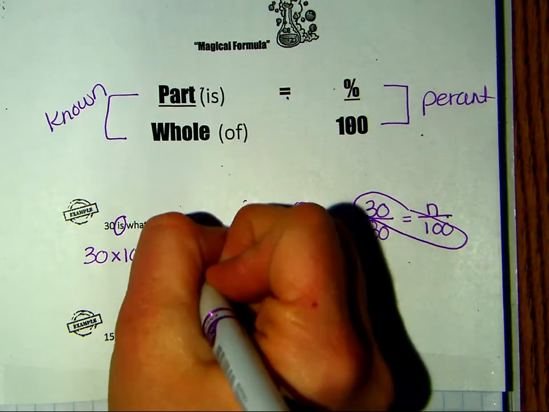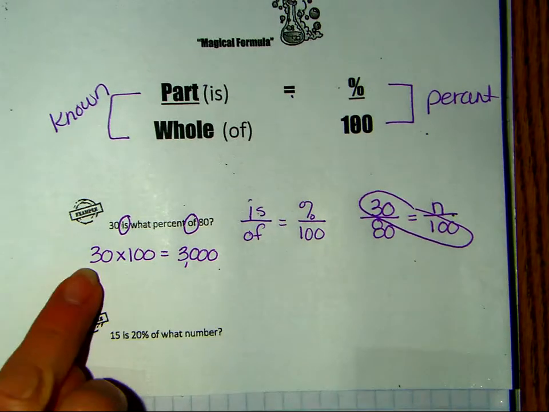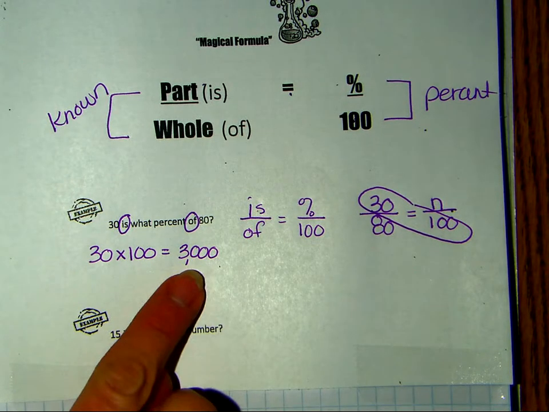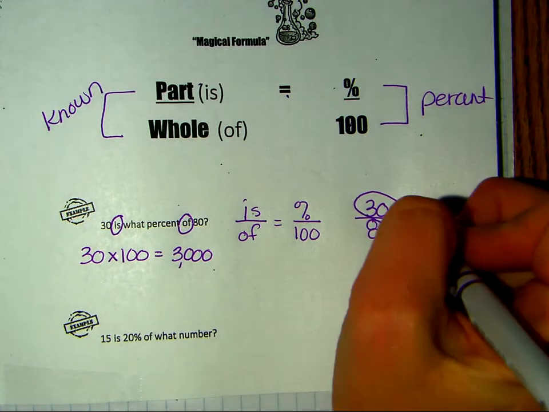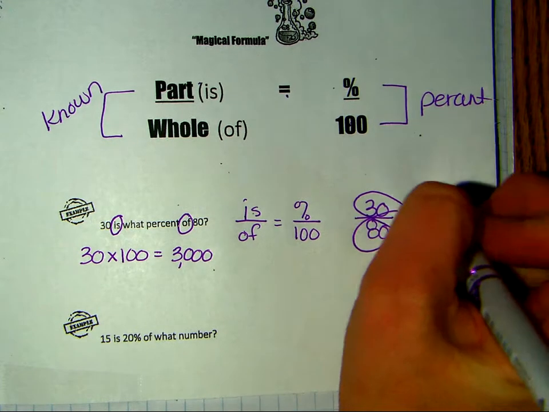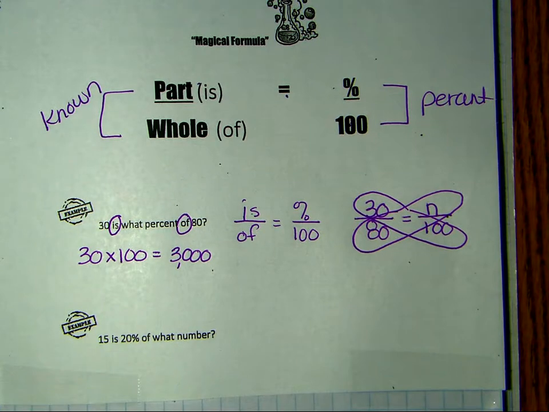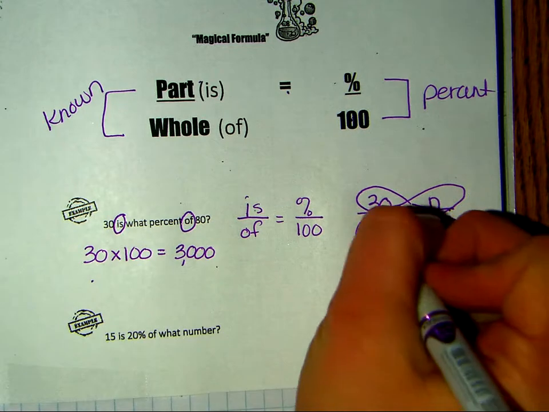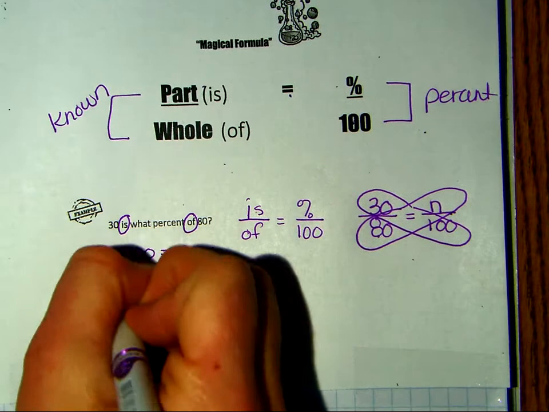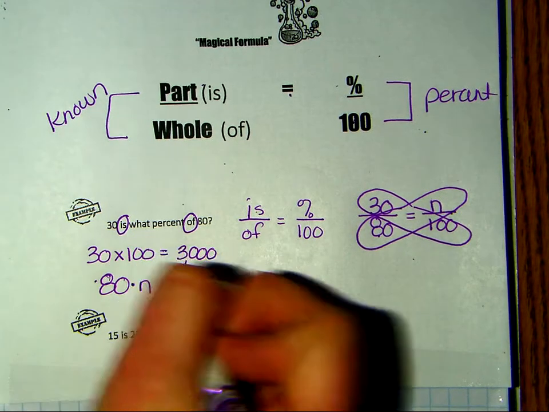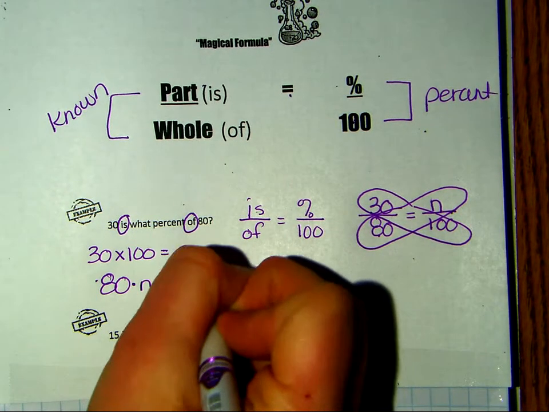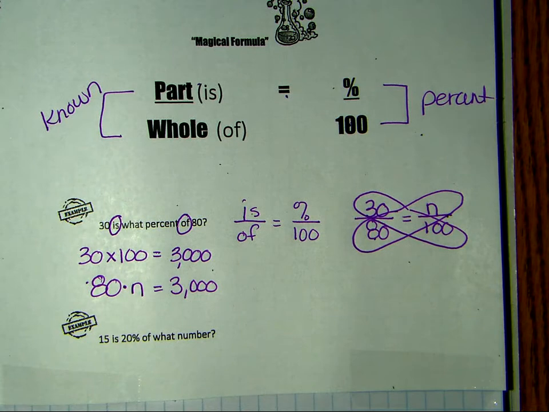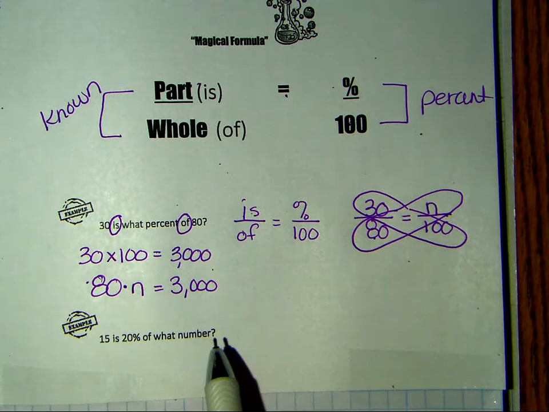That tells me that when I multiply 30 times 100, I'm going to get 3,000. So now what I need to do is make this equal 3,000. So you would have 80 times n equals 3,000.